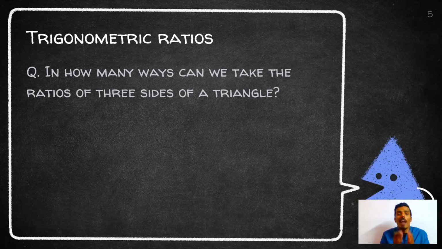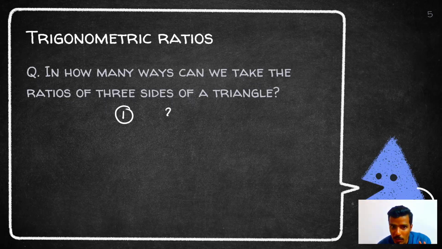In how many ways can we take the ratios of the three sides of a triangle? Suppose we call these sides side 1, side 2 and side 3.